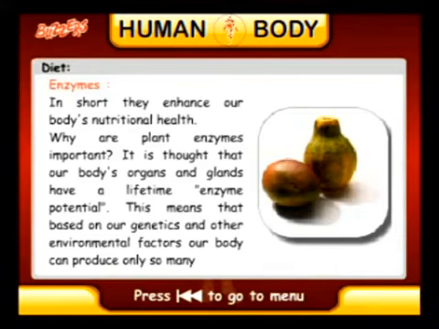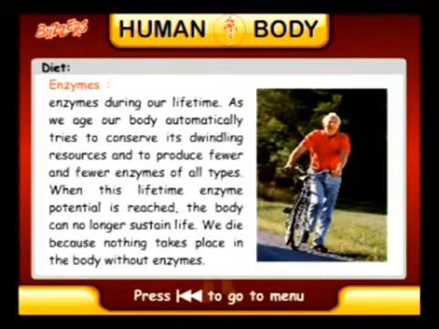It is thought that our body's organs and glands have a lifetime enzyme potential. This means that, based on our genetics and other environmental factors, our body can produce only so many enzymes during our lifetime. As we age, our body automatically tries to conserve its dwindling resources and to produce fewer and fewer enzymes of all types.